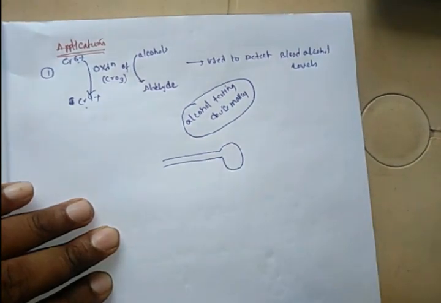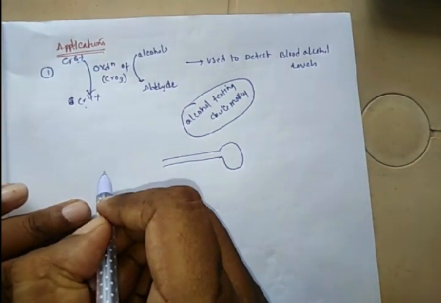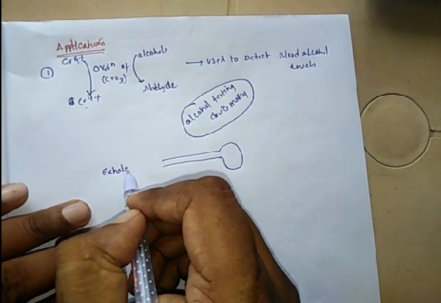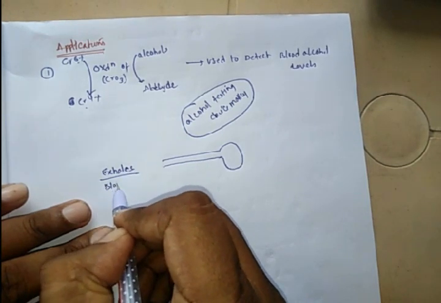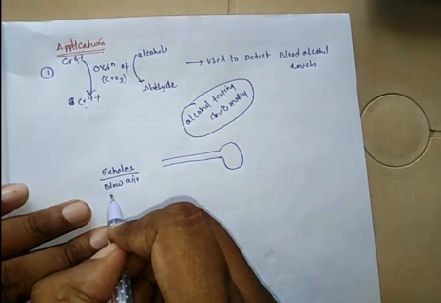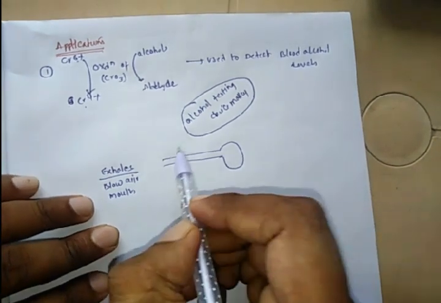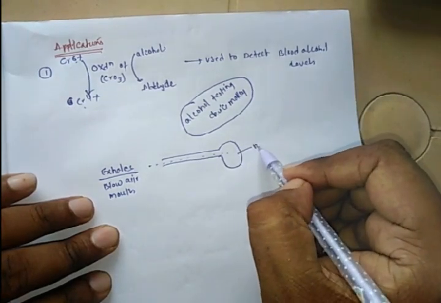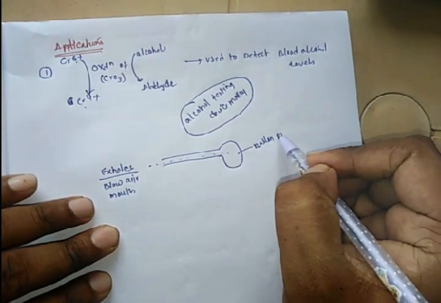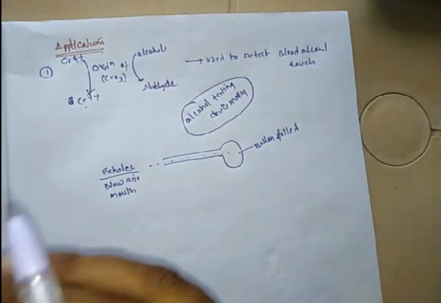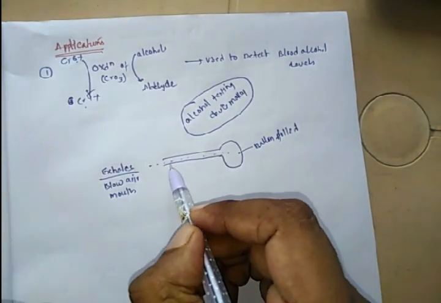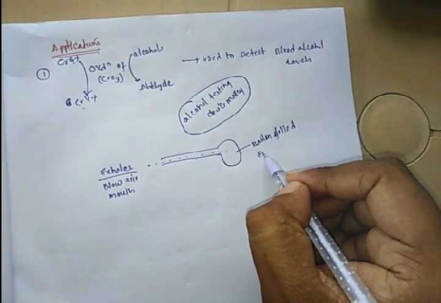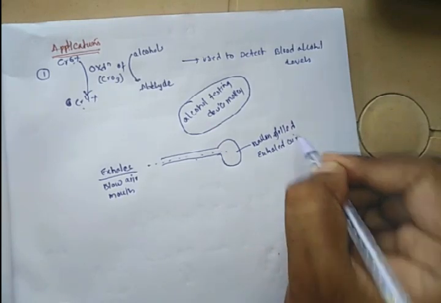When a person exhales or blows air from his mouth, the air enters the tube and reaches the balloon. The device contains a tube and a balloon, and the balloon is filled with the exhaled air, that is, the blown air.